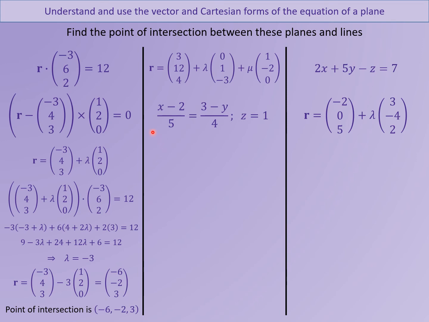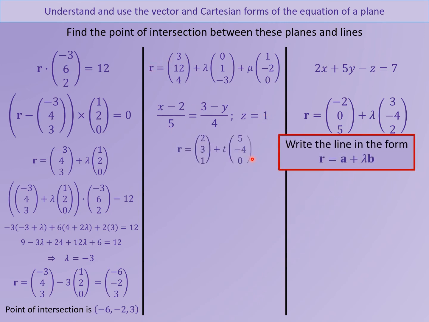Okay, so let's have a look at the second one then. Same idea again. We're going to change this into r equals a plus lambda b form, in vector form, because then I can actually start to substitute it in. I'm going to change it into that form, but notice I use a different parameter here, variable t. I don't use lambda like I did on the previous one, because the lambda's already been used in the first plane.